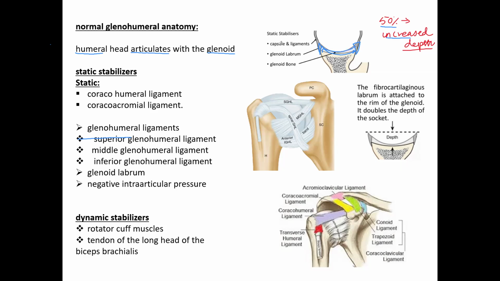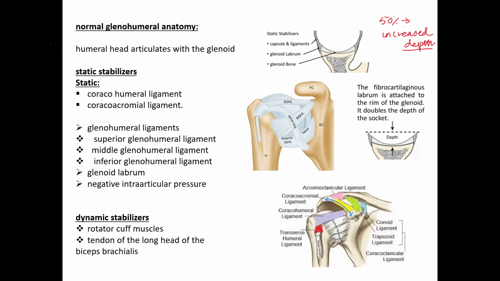Then the other structures that stabilize are the capsule and ligaments. The capsule and ligaments around the shoulder joint also increase the stability. We classify the stabilizers of the shoulder joint as static stabilizers and dynamic stabilizers. Static stabilizers don't contract or relax, they stay in the same position. Among these we have the ligaments. The ligament from the coracoid process to the acromion is the coracoacromial ligament.